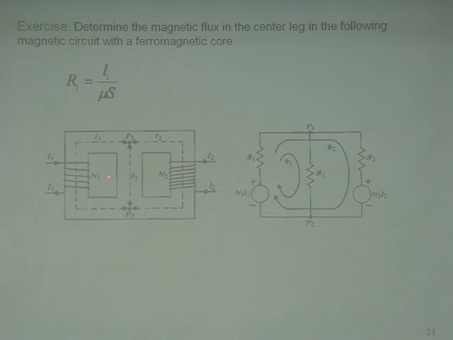Each section has a magnetic reluctance R1, R2, R3.